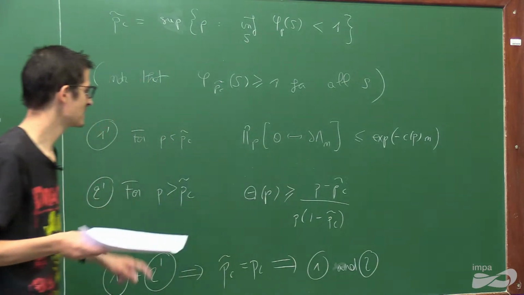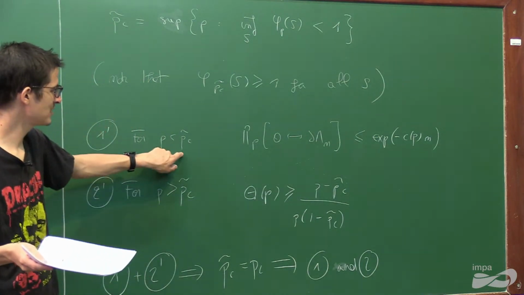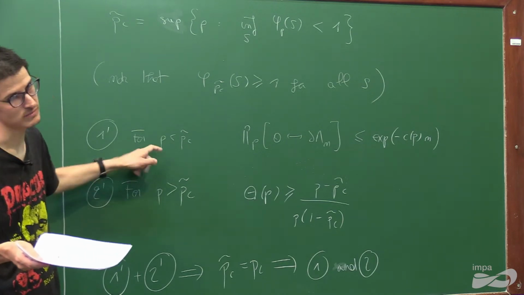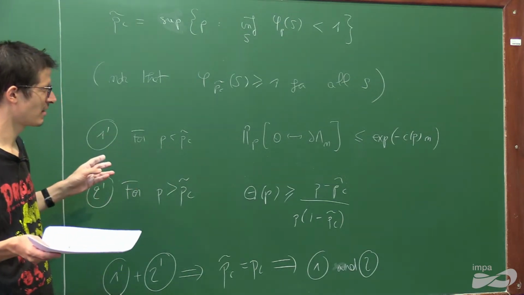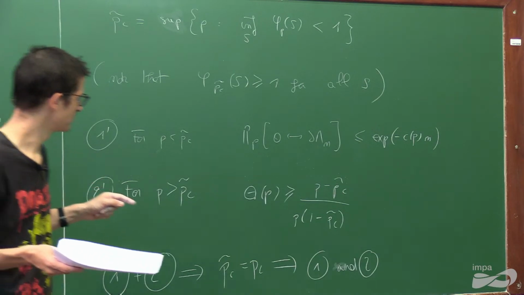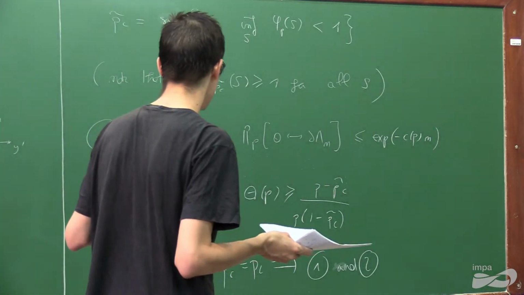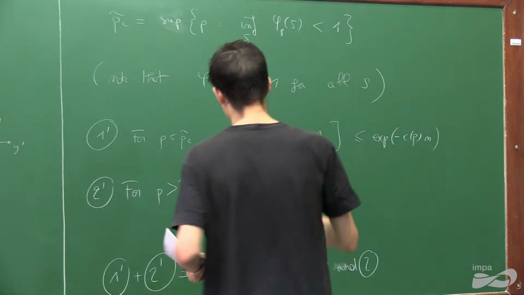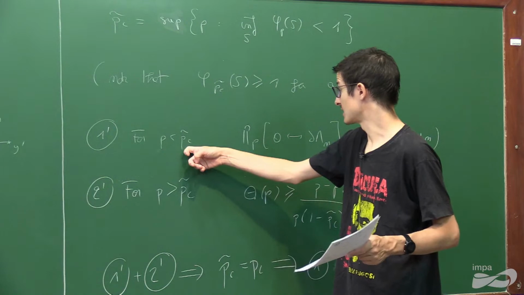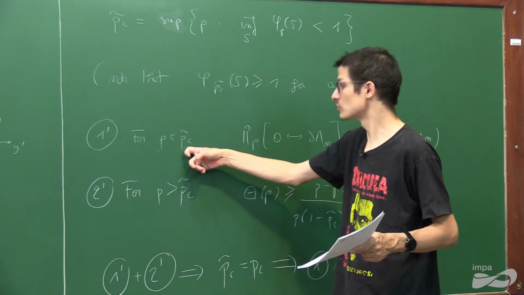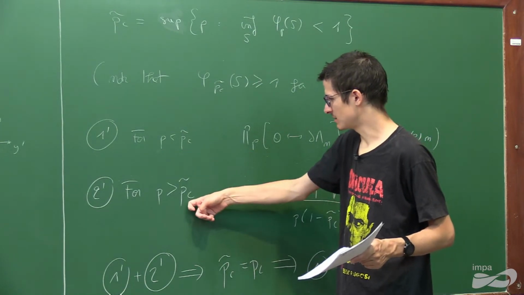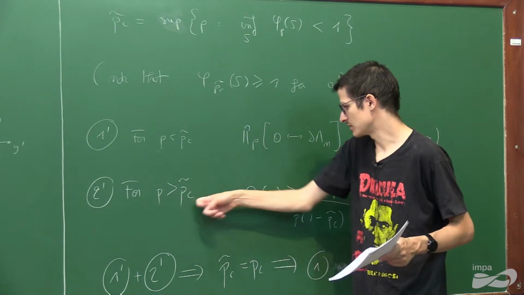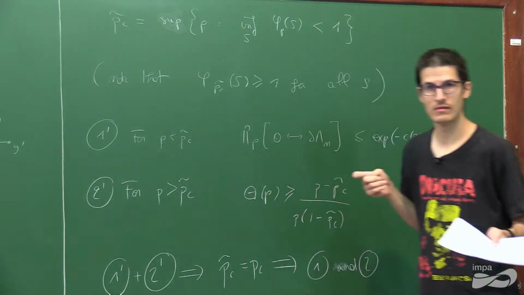So this implies that if p is smaller than p̃_c, then p is smaller or equal to p_c, so p̃_c is smaller than p_c, and this implies that p̃_c is larger than p_c, because we know that if you're larger than this, then θ_p is positive.